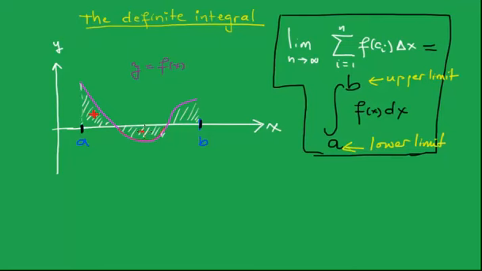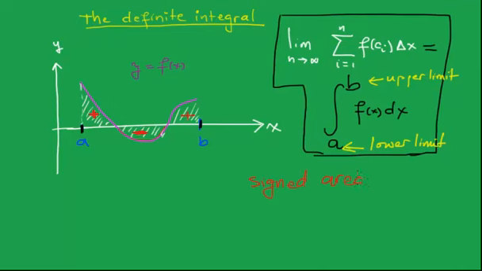So we're going to multiply whatever the area of that is by a negative sign, and here positive sign. So when the region is above the x-axis, you multiply by a positive sign. If it's below the x-axis, you multiply by a negative sign. So that's why they call the definite integral a signed area.